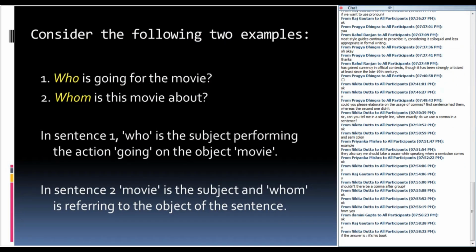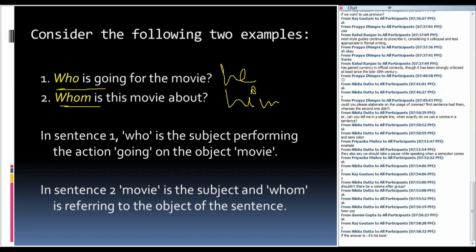So, who is going for the movie? He is going for the movie. Whom is this movie about? This movie is about him. Nikita, if the answer is who, then you need to use the possessive case.